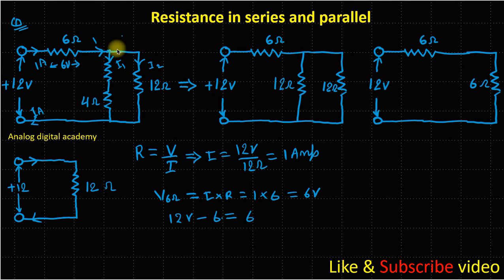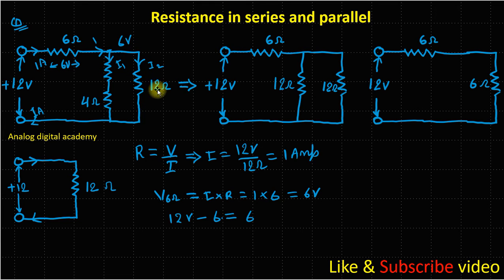So here will be 6 volt. Now we know the value of the voltage at this point, and here is the ground point, you can see it is 0 volt. So the voltage across this point and this point is 6 volt, and here is the ground.